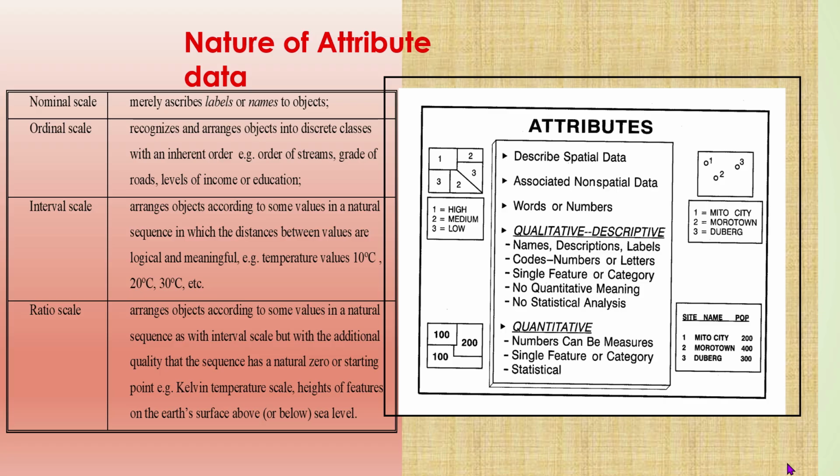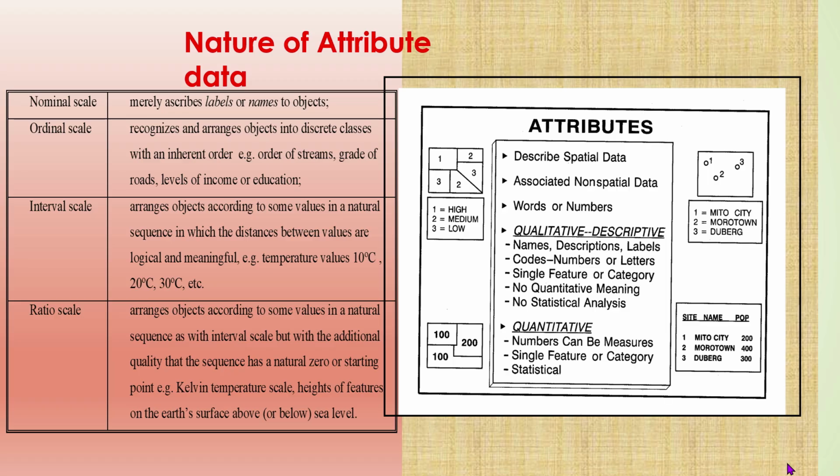Today, in this lecture, we are looking at the nature of attribute data. I said before that we have two types of data in GIS, which are spatial data and attribute data. So we want to look at the models or representation or the way the attribute data are captured.